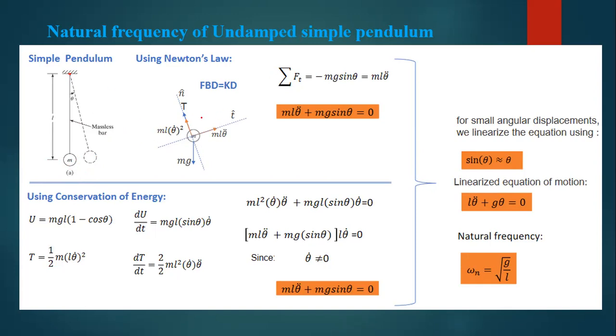Based on that, applying the equation of motion in the t direction, t is tangential and this is the normal direction. So acceleration in t is m l theta double dot. In the inward direction, the tension equals m l theta dot squared. And there is mg acting downward.